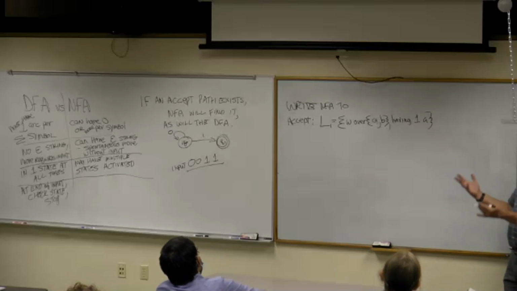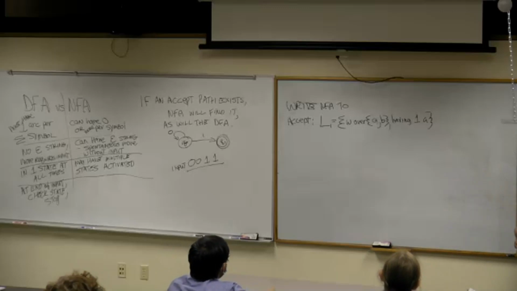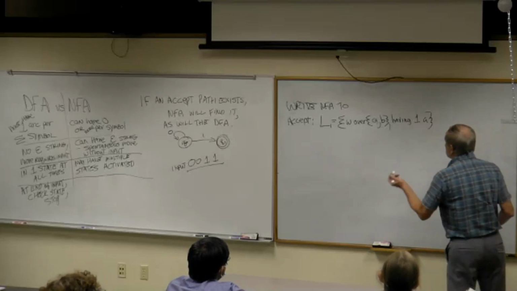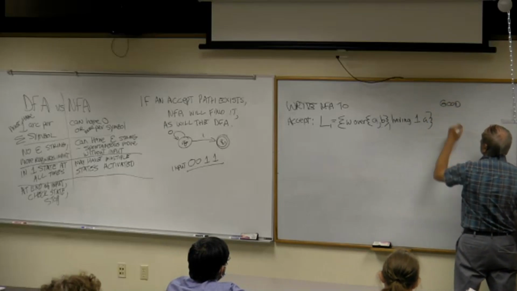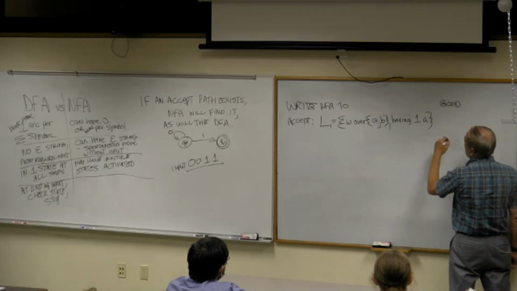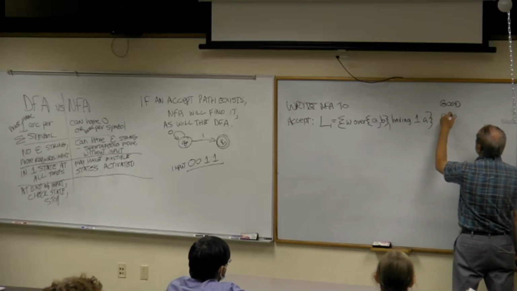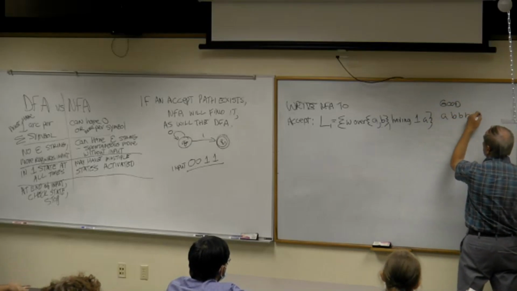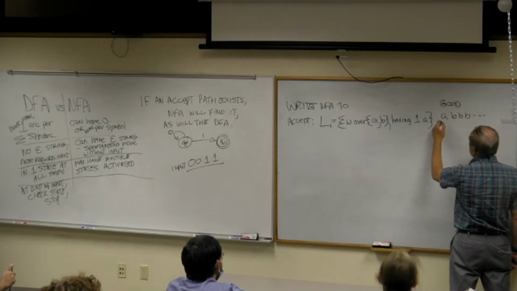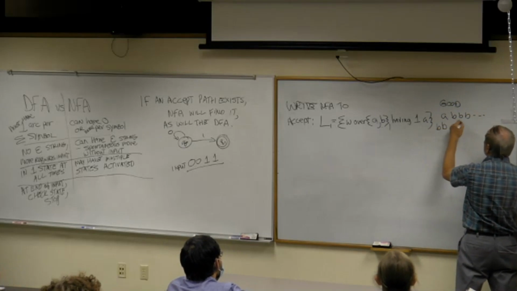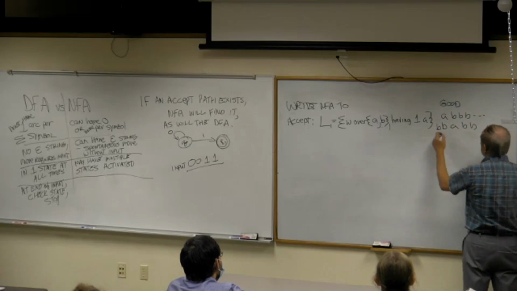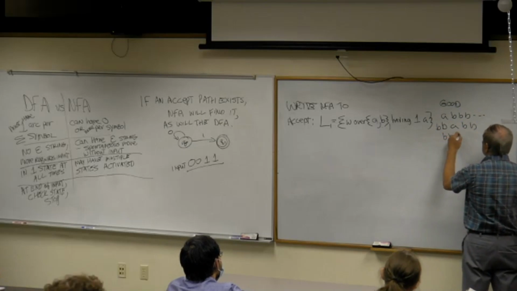One way to do that might be to list some good strings. Well, A followed by any number of B's, B's on either side, B's followed by an A. So those are all possibilities, right?